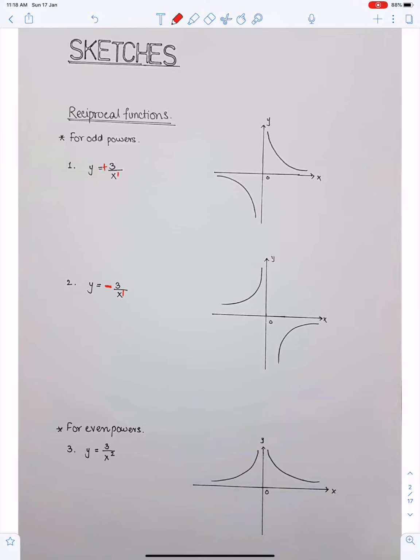We can have any odd number in the power, like 3, 5. So when we have a reciprocal function with odd power and positive coefficient, this would be the sketch of that function.